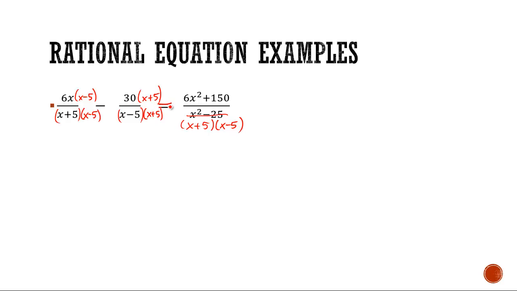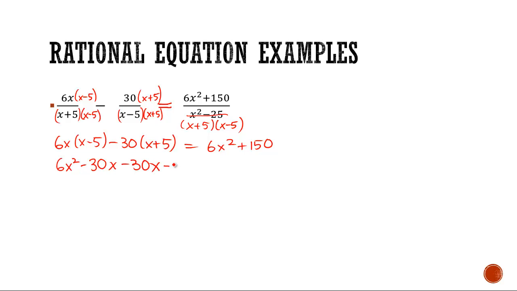Again, we have an equal sign, so we can multiply everything by the denominator, leaving us with the numerator of 6x(x minus 5) minus 30(x plus 5) equals 6x squared plus 150. So let's solve that. We've got 6x squared minus 30x minus 30x minus 150 equals 6x squared plus 150.